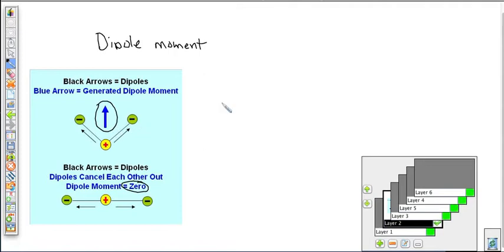Whereas this dipole moment, indicated by this blue arrow, is a little bit greater. If we look at dipole moment, two rules emerge. First, the greater the charges at the ends, the greater the dipole moment. And then also the distance between them: if you have a greater distance between the charges, the greater the value of the dipole moment.